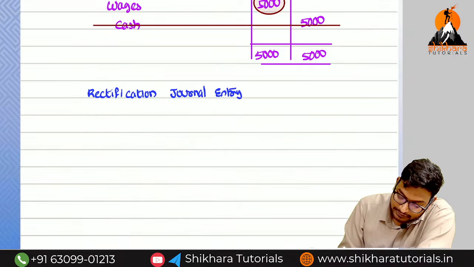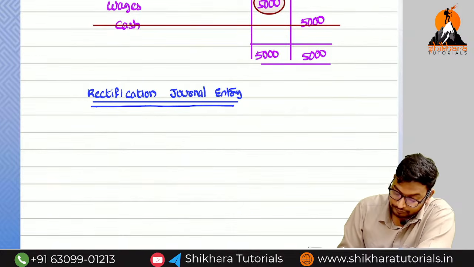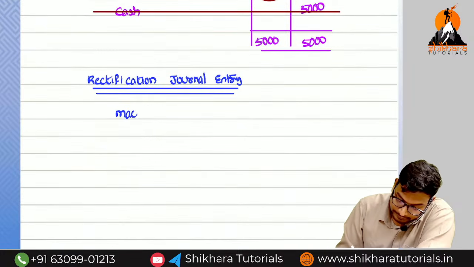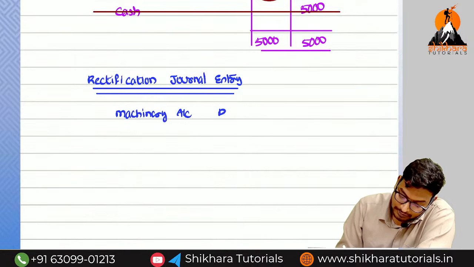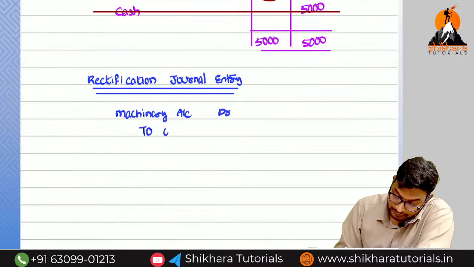Rectification journal entry is equal to machinery account debited to wages account.